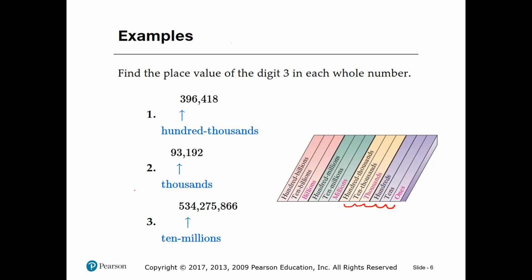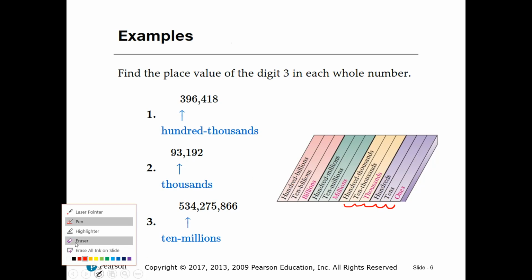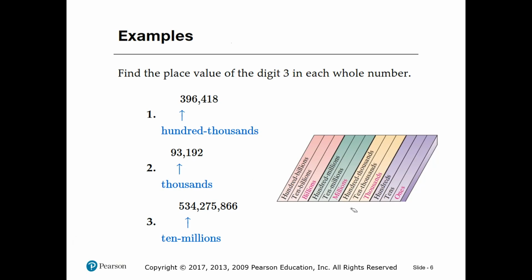So that confirms that. The second number is 93,192. Okay. So if you look at the 3, that's in the ones, tens, hundreds, thousands place. So 3 is in the thousands place, and hence why it says thousands.